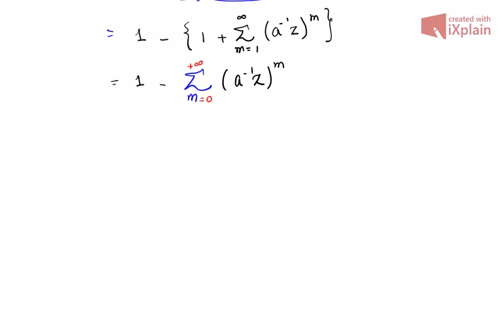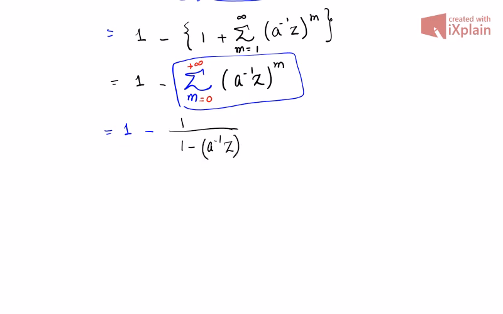So let's try to simplify it further. If I simplify it further, it would be 1 minus, now this summation is in the same form. We can apply that formula which I just explained above. So we can write it as 1 over 1 minus a raised to the power minus 1 times z.